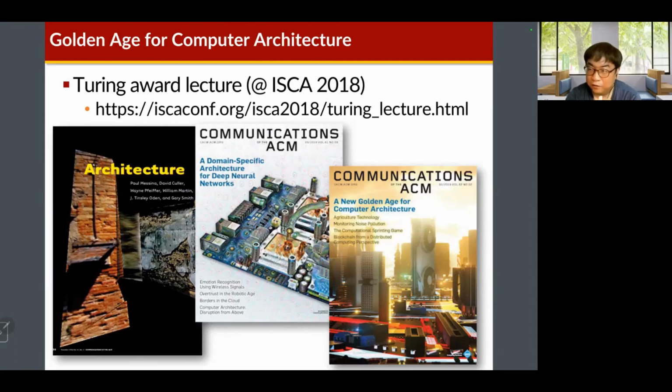So which means that recently we live in the golden age for computer architecture, which means that the paradigm of computer systems is changing because of the development of software and applications. Also, we are facing the end of Moore's law, which means that semiconductor technology is also saturating.